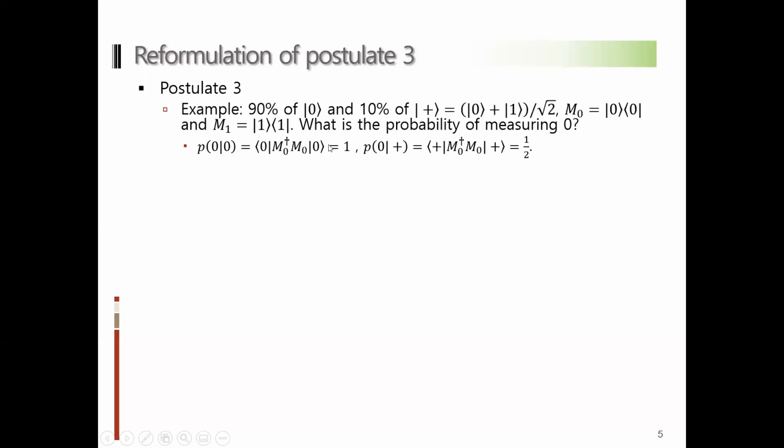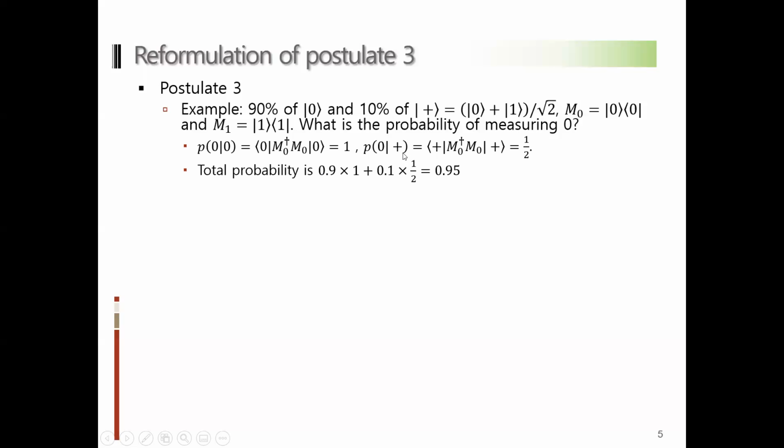Well, we should multiply the weight of each of these different situations. The total probability is that we have a 90% chance of measuring 0 with 100% probability, while this one has only 50% probability, but the plus state has a chance of only 10% to appear.